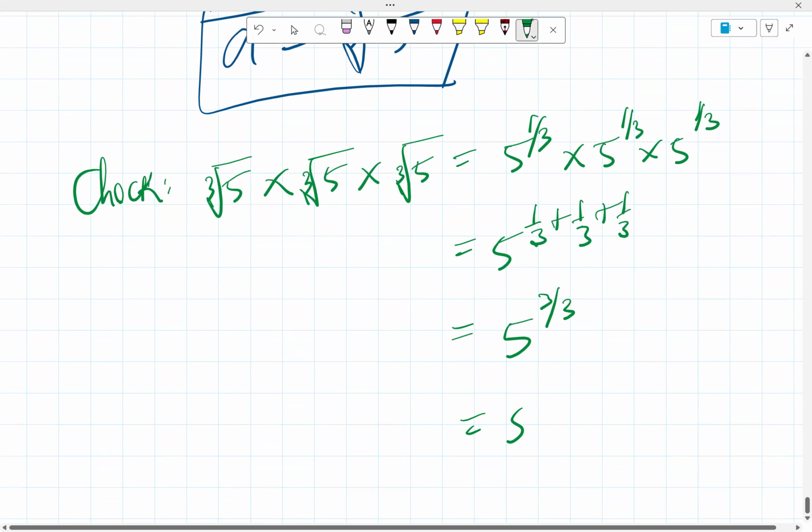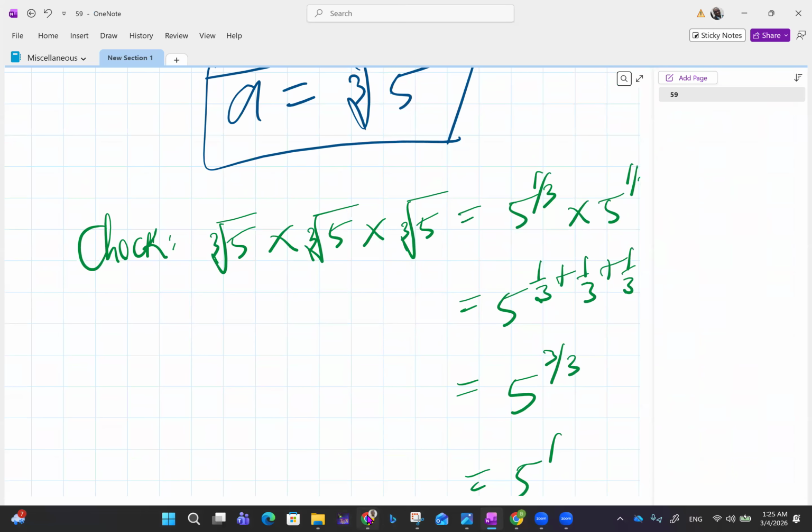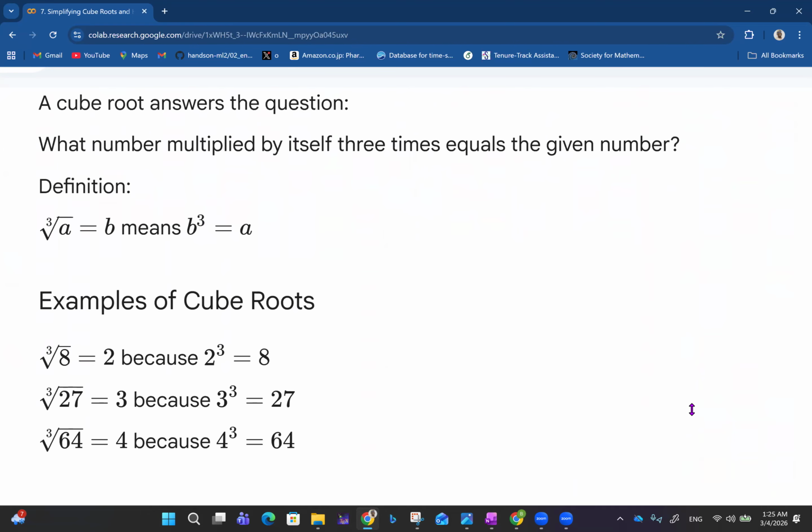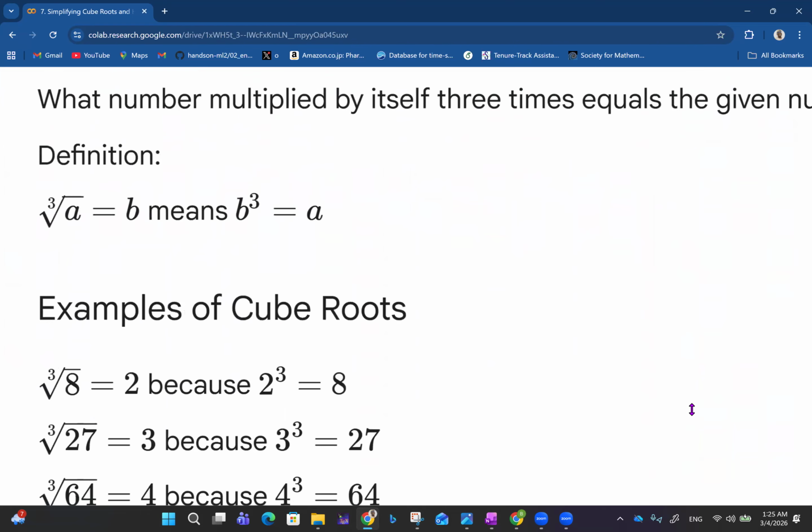That means 5 raised to power 1, and that is simply 5. So it is true that the cube root of 5 is the number you multiply by itself three times to get 5. That's a very elaborate way of explaining a simple thing.